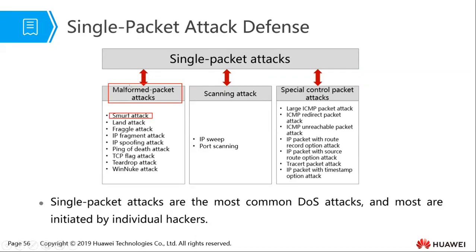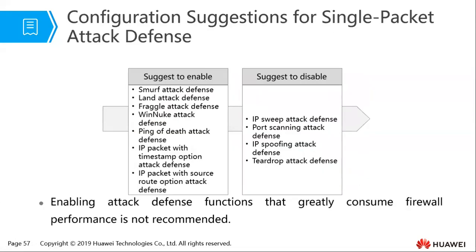Then scanning attacks, like port scanning and IP sweep. We also have special control packet attacks, like large ICMP packet attacks, ICMP redirect packet attacks, etc. Again, when you get some time, make sure that you read about some of these attacks.